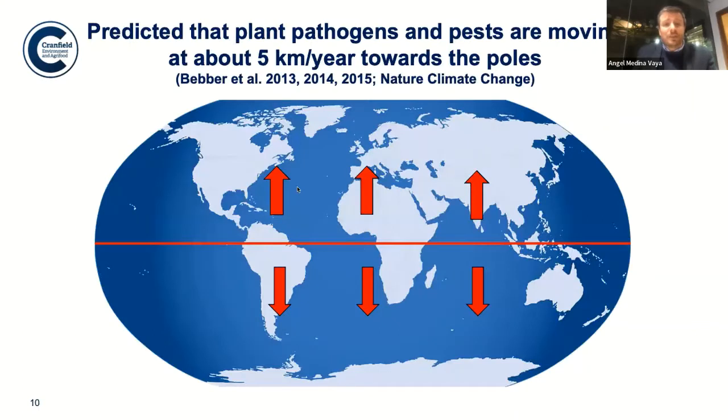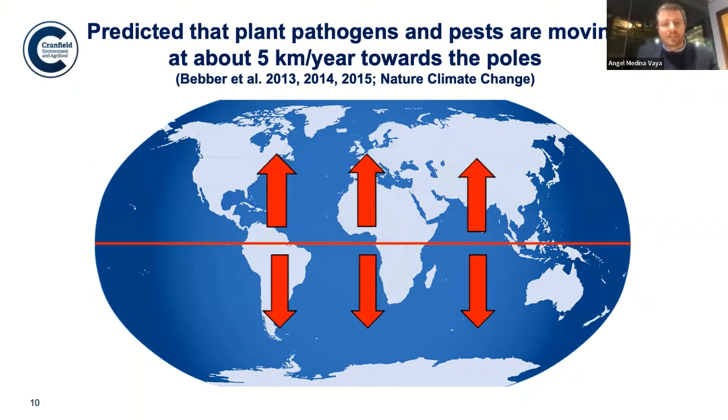Another thing that is going to be important, and is already important, is that colleagues from Exeter, Dan Weber and colleagues, have published a series of papers in the last years where they have described how plant pathogens and pests are moving from the equator to the poles at a rate of around 5 kilometers per year.